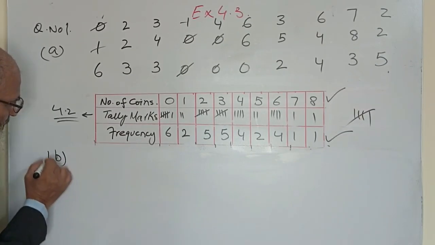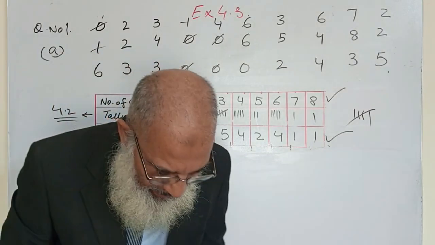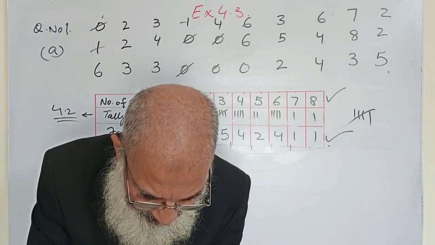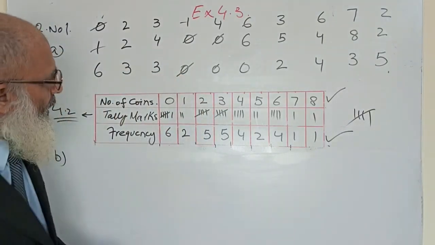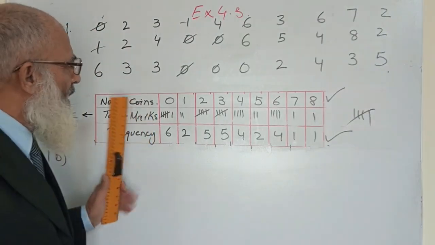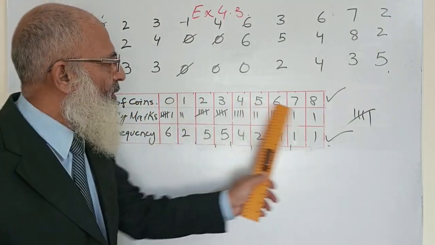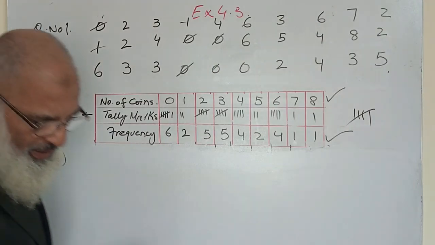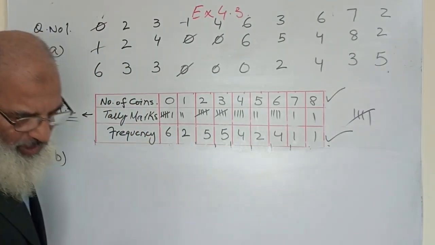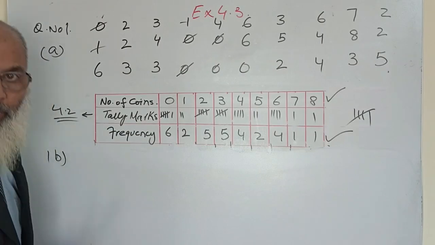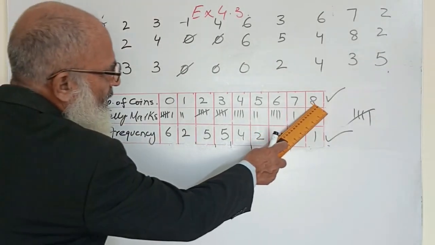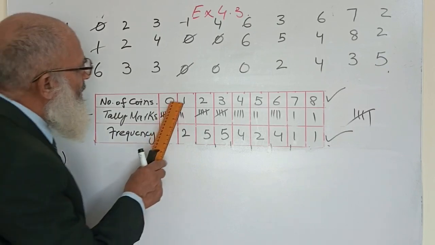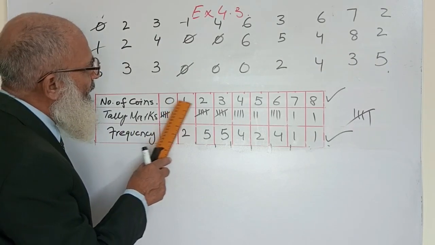What is part B? Part B states what is the highest number of coins that any person had on them. Now, highest number of coins. My dear students, you see that these are the number of coins. Of course, this is 8 coins, because they don't have any coin.